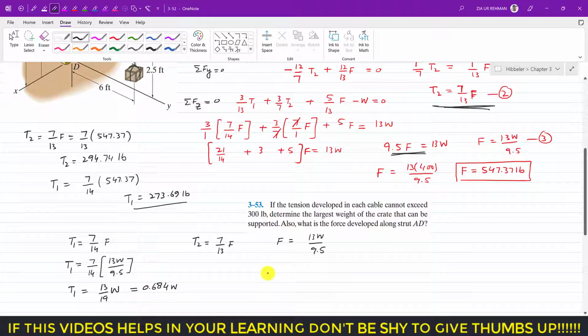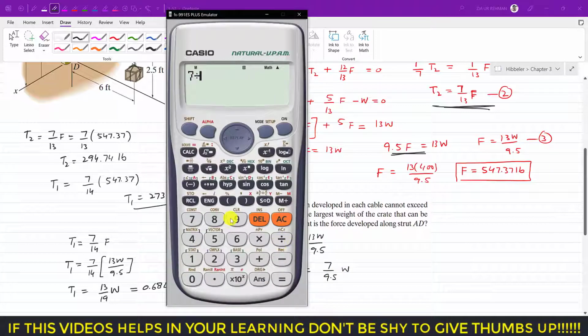We can further write that this T1 is 0.684 W. Similarly, this T2 is 7 divided by 13, and F in terms of W is 13 W divided by 9.5. If we simplify this, the 13 will cancel out, and that is 7 divided by 9.5 into W, and 7 divided by 9.5 is 0.736.